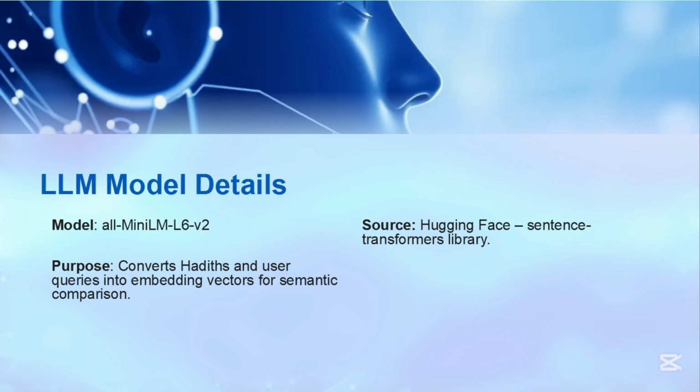We will generate the embeddings of the dataset by using an LLM model from Hugging Face through the Transformers library. So this model will convert the ahadith data and the user queries into embedding vectors, on the basis of which FAISS will compare both the user query and the embedded vectors of the dataset.